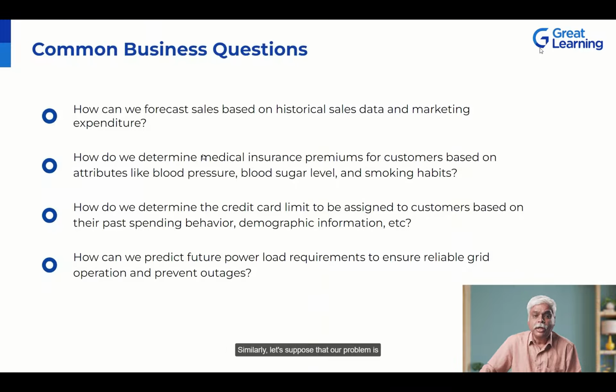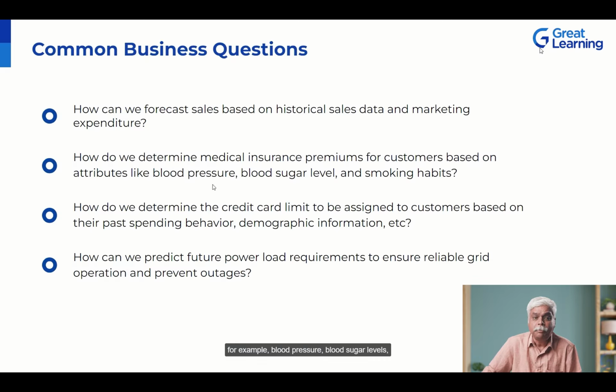Similarly, let's suppose that our problem is to determine medical insurance premiums, and we are going to do this by framing it as understanding medical insurance premiums for customers based on attributes of the customer.